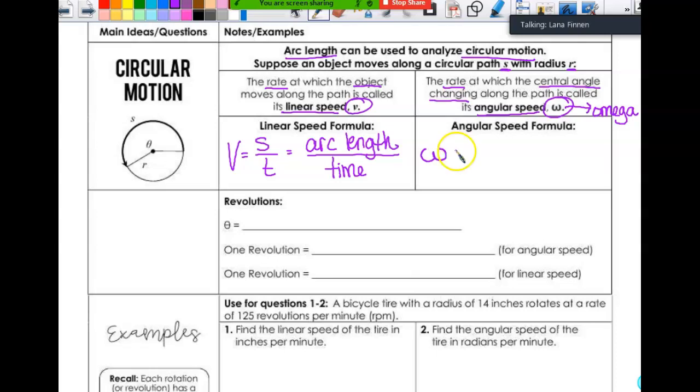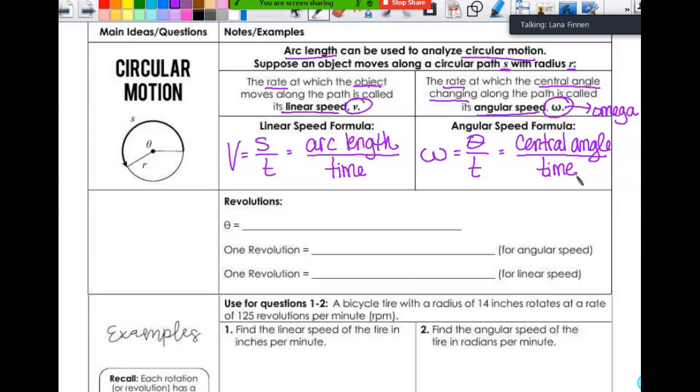So omega equals theta over t, that is the central angle over time. Any questions at all at this point?